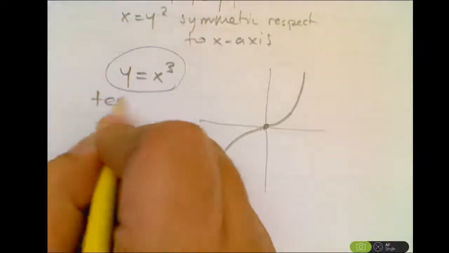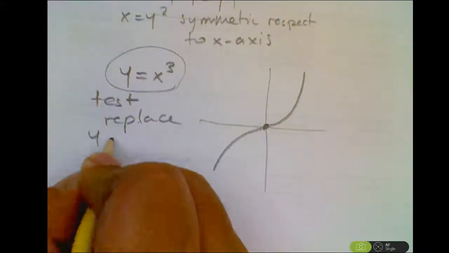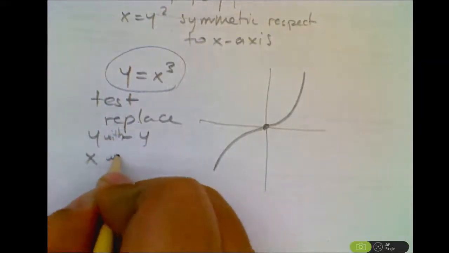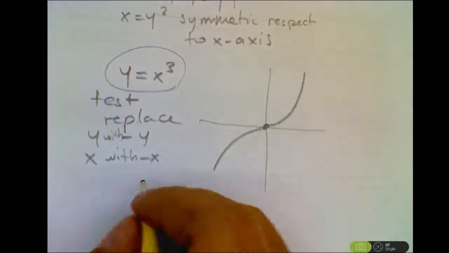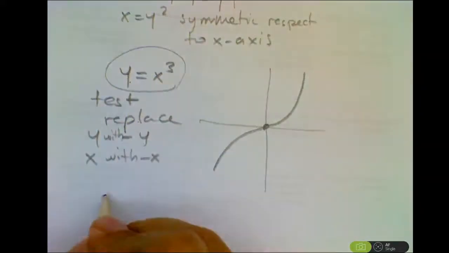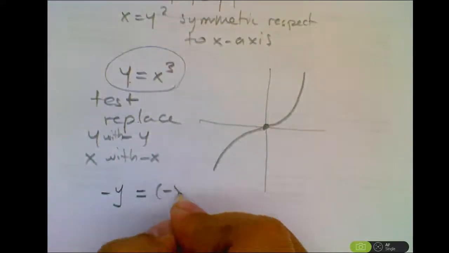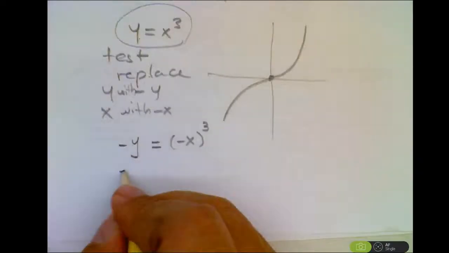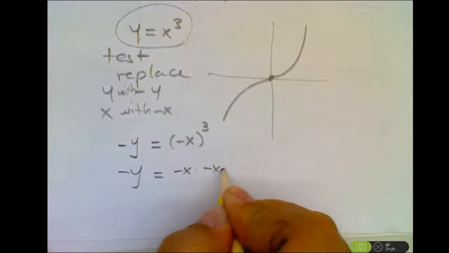So when I test, you have to replace y with negative y and x with negative x and see if you get the same thing. So y gets replaced with negative y and x gets replaced with negative x. So now you have negative y equals, this is negative x times negative x times negative x.